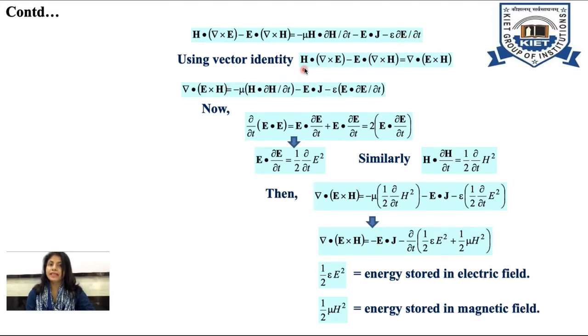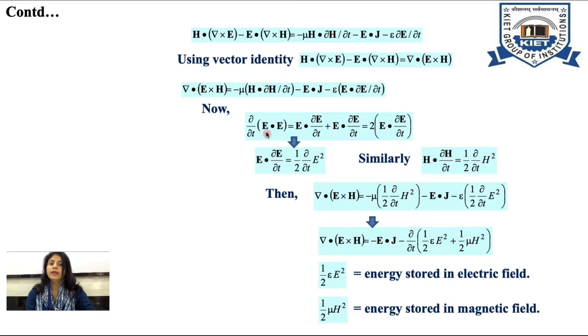Then using vector identity, del dot E cross H is equal to H dot del cross E minus E dot del cross H. Then the left hand side becomes del dot E cross H.